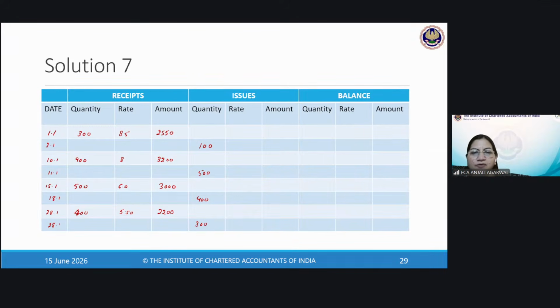At what rate will you say the 100 units is priced for issues? So you look at the balance. What do you have in balance? 300 into 8.5. That's all you have. So under FIFO, the 100 units will be issued at the rate of 8.5 only. What will be the balance? 200 would be the balance at the rate of 8.5.